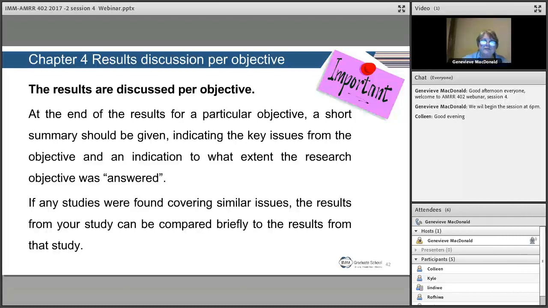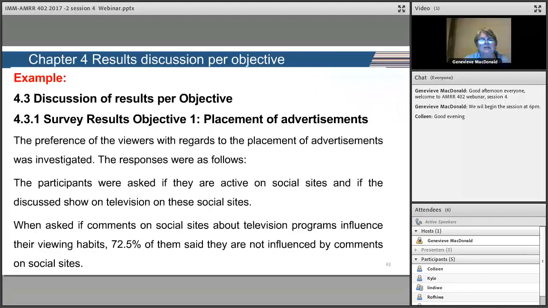If you have read in your literature review any studies with similar focus on the issues, you can now say, my results are similar or different to what was found in the study of so-and-so. You don't repeat your literature review, you just say it's similar or different from a particular other study.